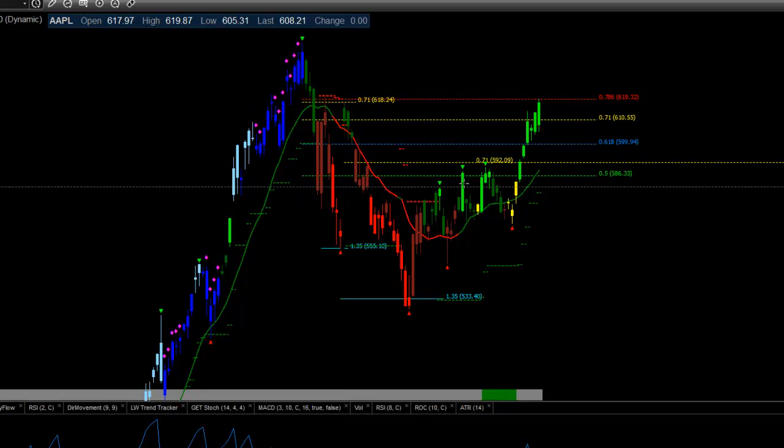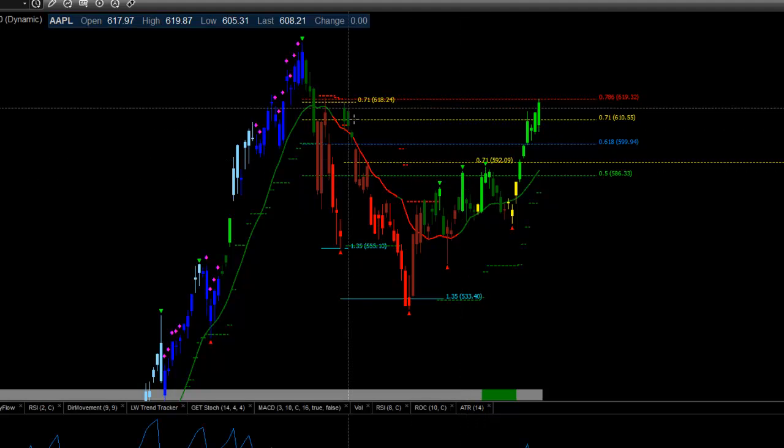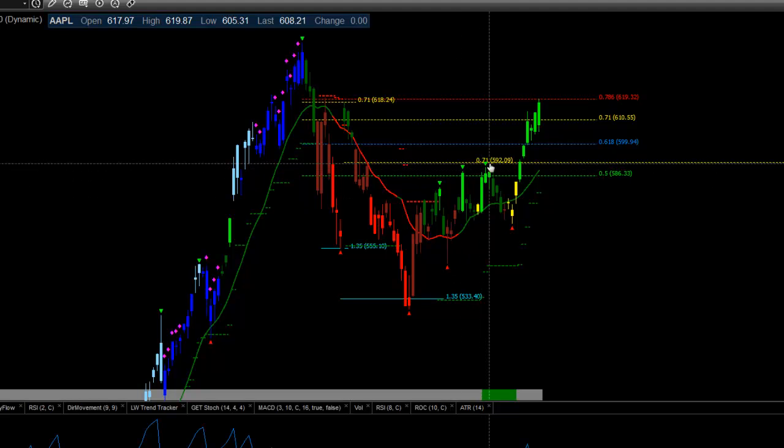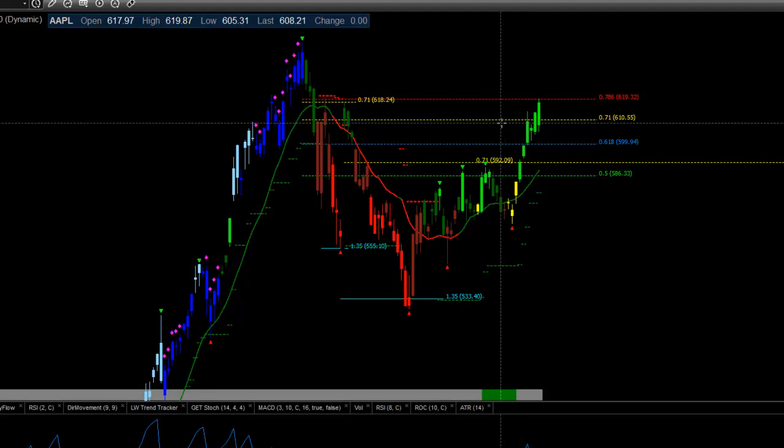So I used 71% on this minor wave, the second push down, as resistance, and I tried to actually short Apple there. It was just recently, and it didn't hold. And then here's 71% of the entire structure, and that didn't hold. So to me, that's pretty bullish.